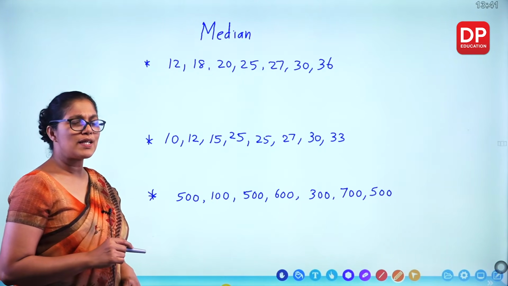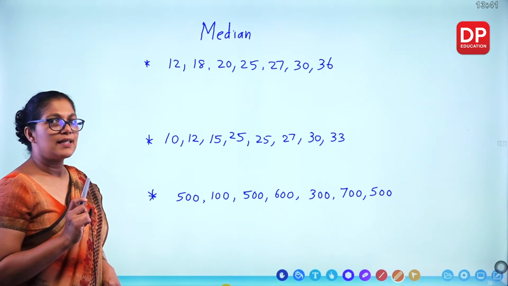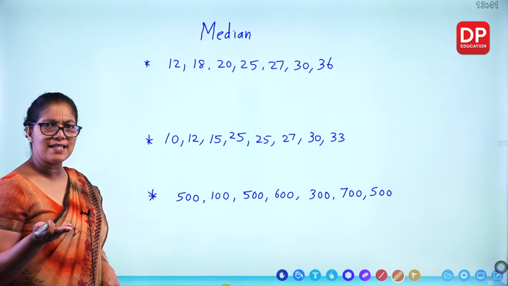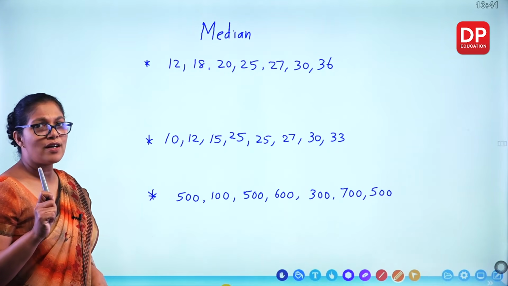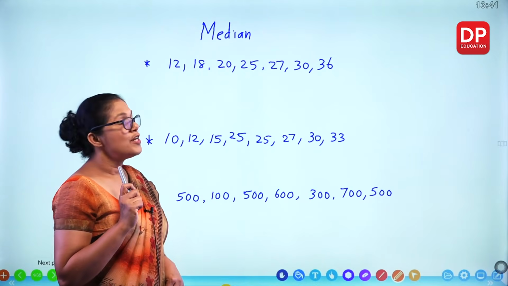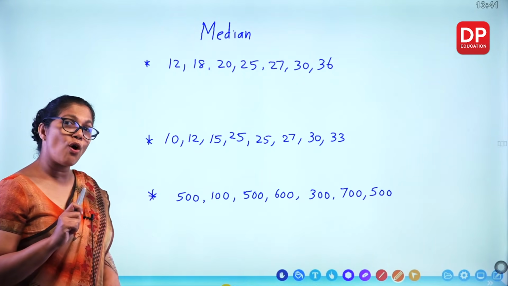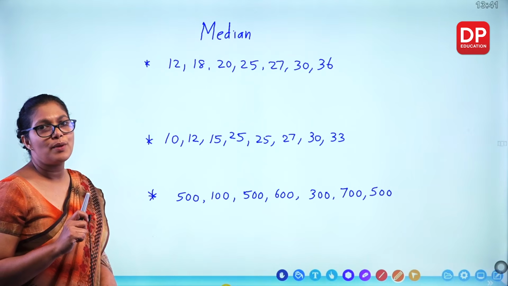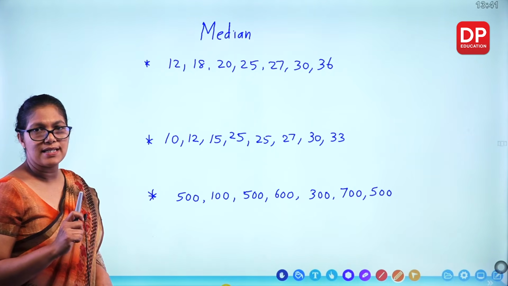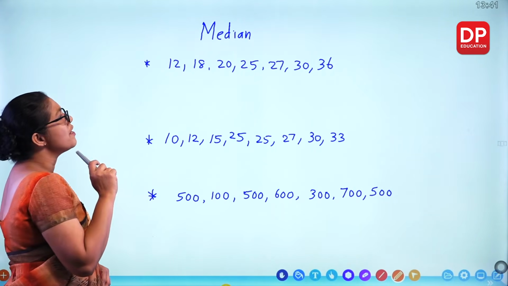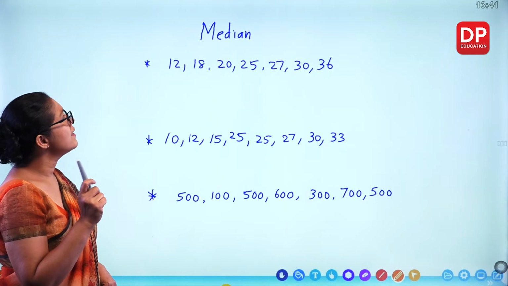Median. What is median? Middle of a data set? That's wrong. You have to say when you arrange the data set in order, the mid value we call the median. So this is important. You have to arrange the data set in order.